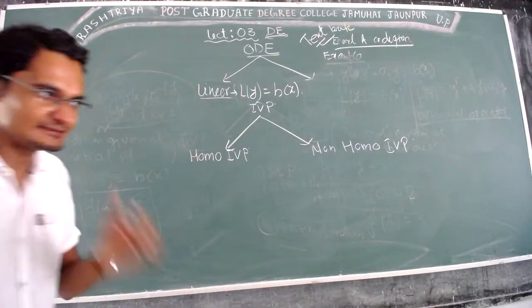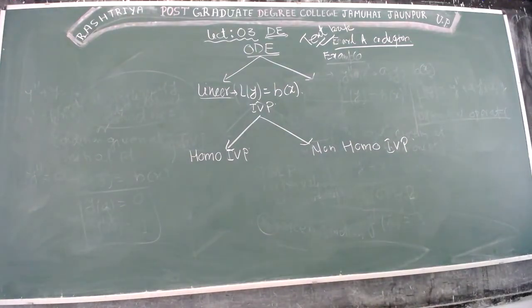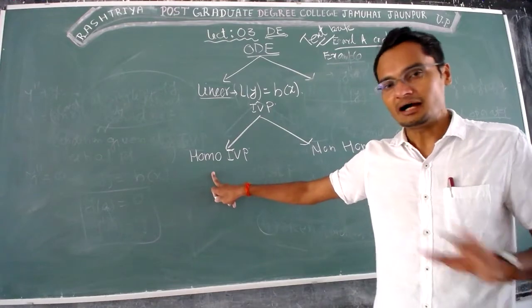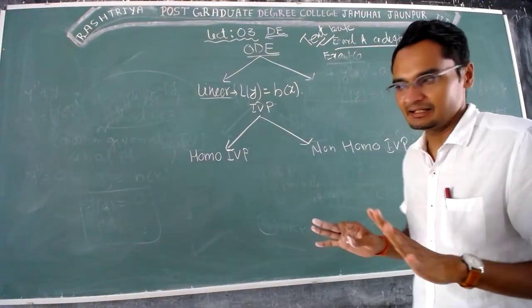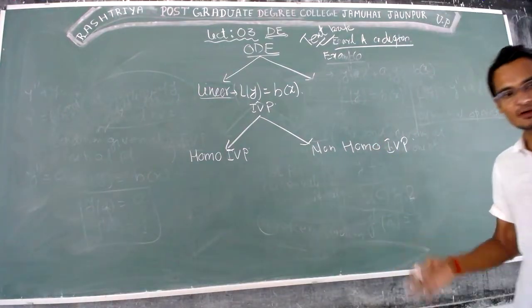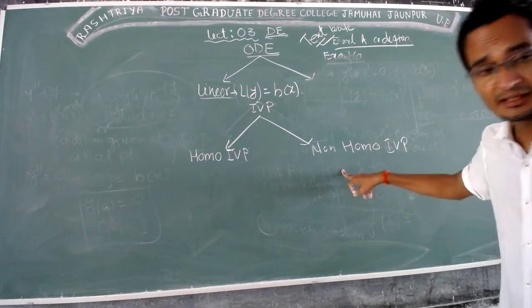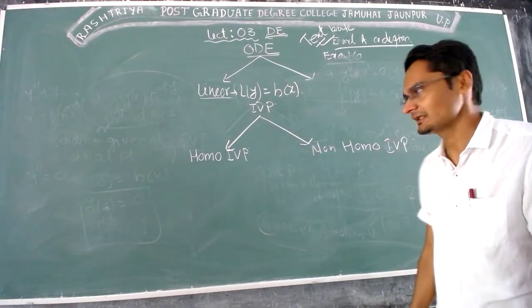Regarding homogeneous, this is homework for you. Go and find out and tell me why the term homogeneous is used here. You are all aware of homogeneity from 11th and 12th onward, and if some students are not able to understand what homogeneous is, then we will discuss it soon. But it is my request, you can search on Google, type homogeneous and non-homogeneous.